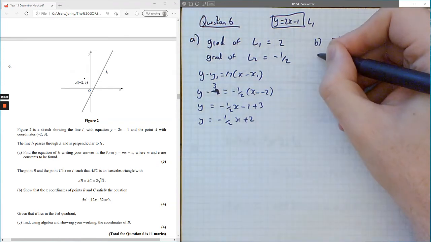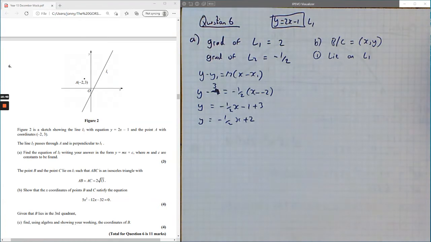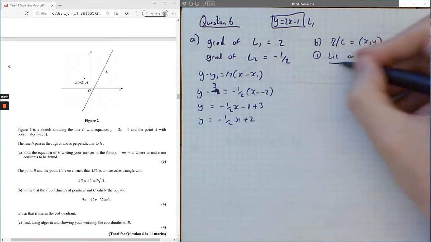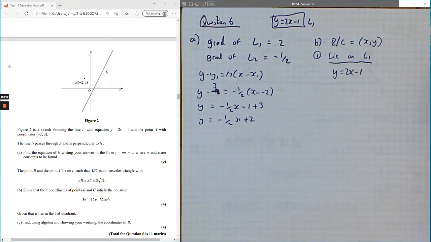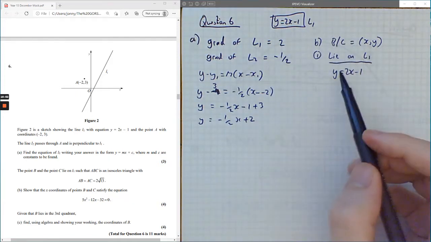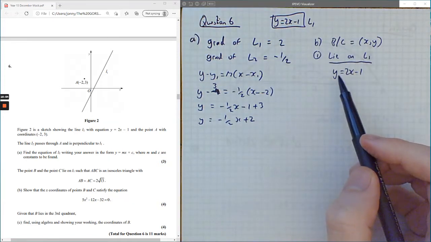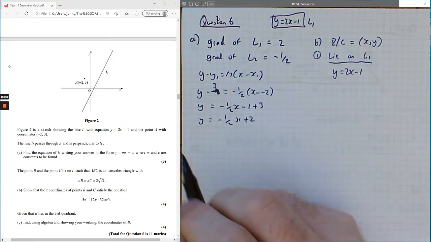Now we know two things. We know that they lie on L1. So if our coordinates lie on L1, that tells us that they satisfy y equals 2x minus 1. That's the equation of L1. The point is on there, so they must have the relationship that y equals 2x minus 1, whatever the values of x and y are.